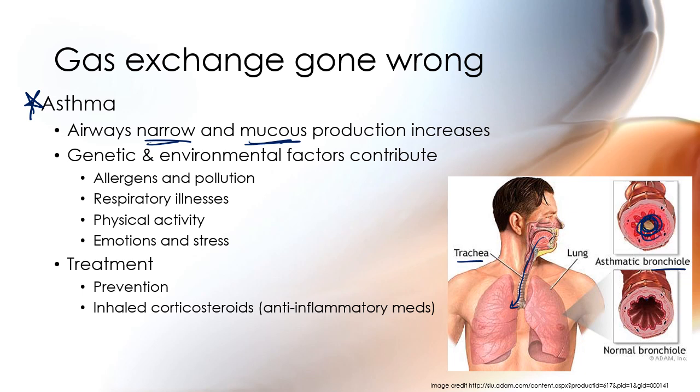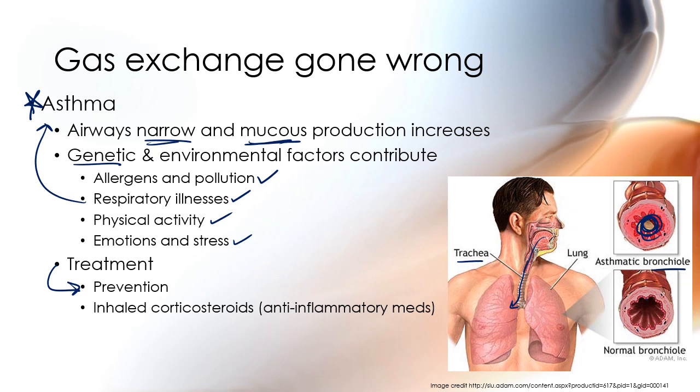There's less space for air to move. It can be caused by lots of different things. It might be a genetic issue. We might have allergens or pollution in the air. You might already have a bacterial infection that's leading to an asthma attack. Physical activity, and then interestingly, stress and big emotions can also trigger asthma attacks.